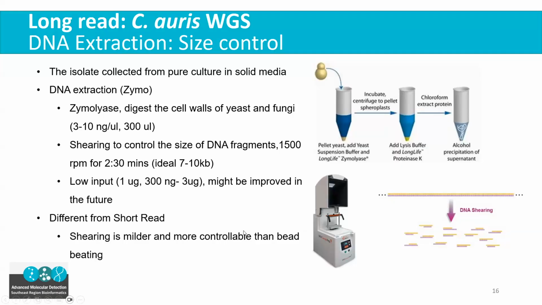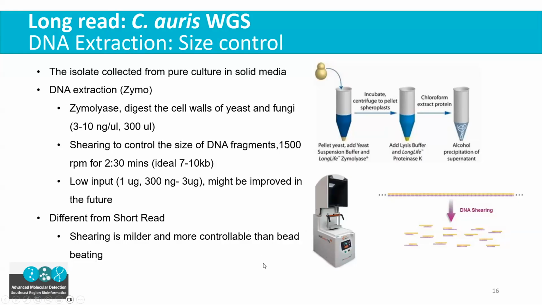To control fragment size, we use the Mini-G, which is this instrument, to shear the DNA at a setting of 1500 RPM for 2.5 minutes and achieve the ideal length.